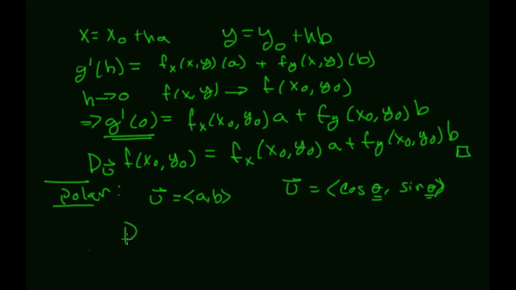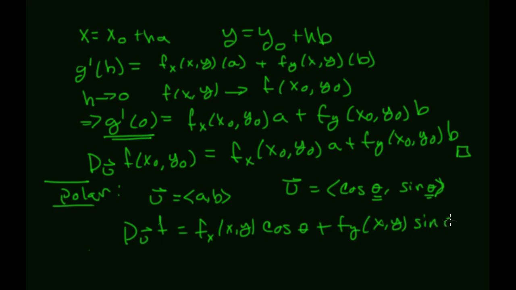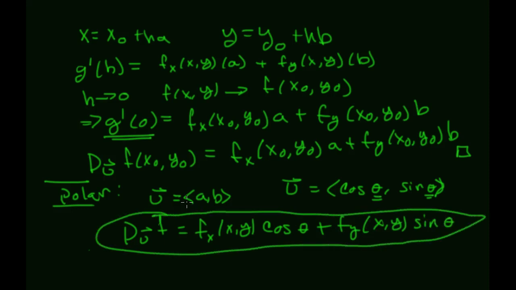So in that case, the derivative of f in the direction u should be f sub x at x, y times cosine theta plus f sub y at x, y times sine theta. We're going to tuck that one away as an alternate formula, but it will come up if we try to envision things as polars, right?